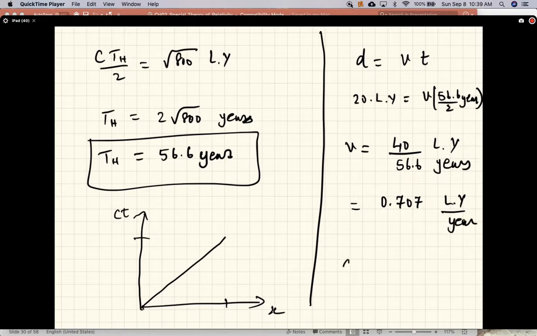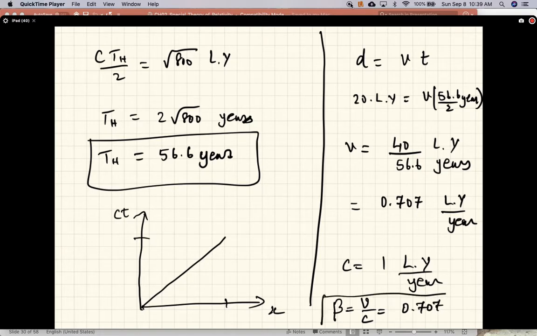In these units, remember, the speed of light was 1 light year per year. So beta, which is v over c, is 0.707. The astronauts traveled at 71% the speed of light.